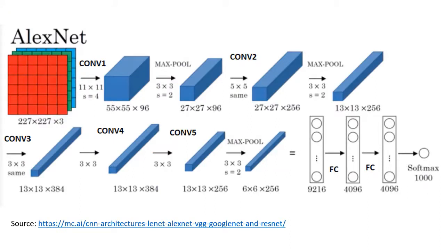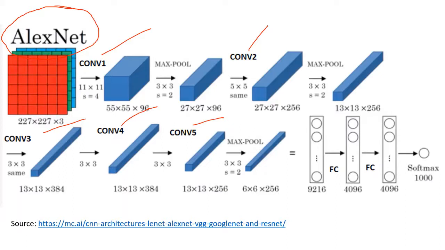This slide shows the architecture of the AlexNet convolutional neural network. AlexNet has a simpler architecture when compared to most of the other widely used CNN pre-trained models. For example, if you compare AlexNet architecture with Inception v3, this has got only a few layers. If you count the number of convolutional layers, there are only five convolutional layers here.